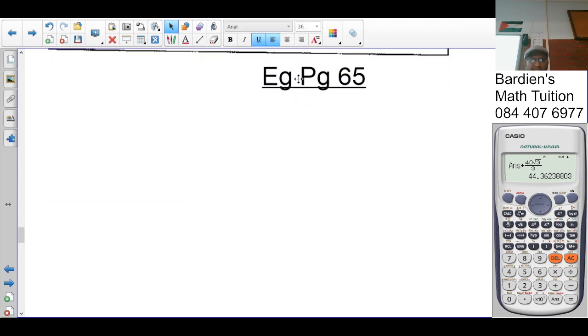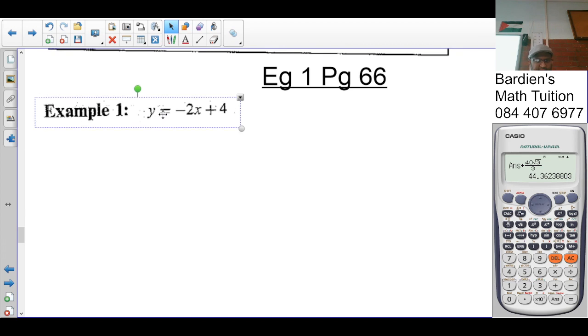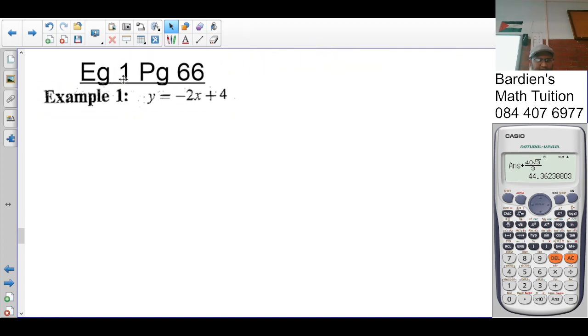This is example 1 on page 66. Is that correct? Example 1, page 66. Right, write that down.